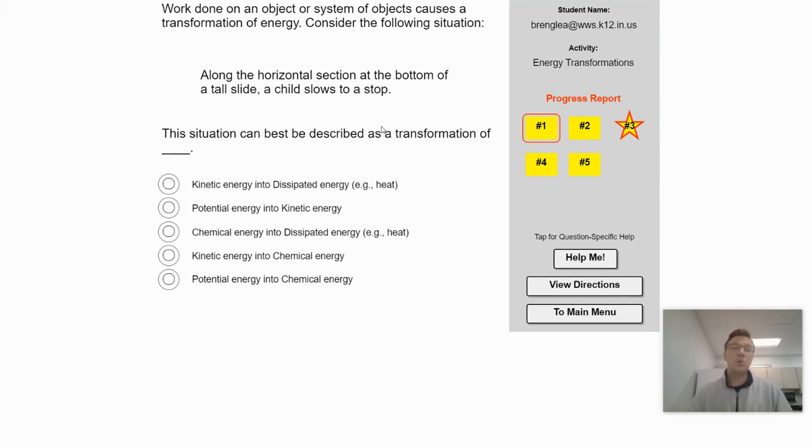So in this situation, the child initially has kinetic energy because they're moving, so they have a speed, and then that speed decreases because of friction. And so that kinetic energy is transferred away from the child in the form of heat that dissipates into the air. So in this case, it would be kinetic energy into dissipated energy, which an example of that would obviously be heat.